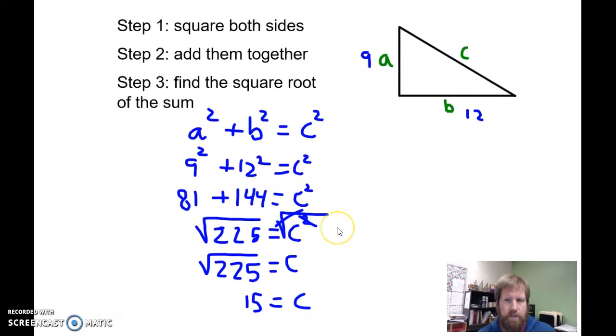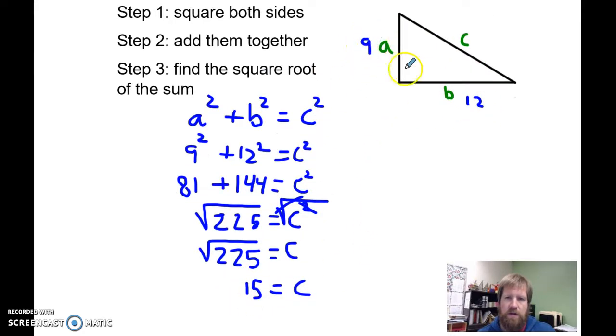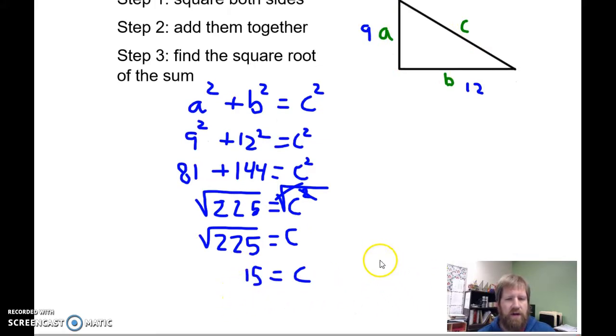And you're done. That was a pretty nice one. We ended up with whole numbers. If we had used different values, we might end up with a really long decimal, a decimal that goes on forever. In that case, you could just leave it as the square root of whatever that value is. But if it's a perfect square, you want to simplify it.